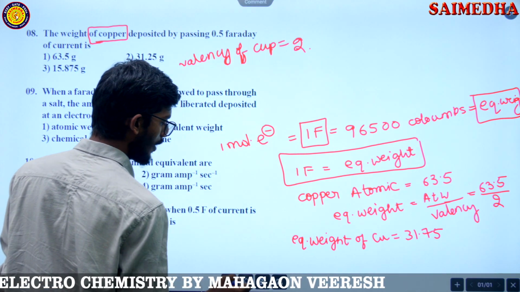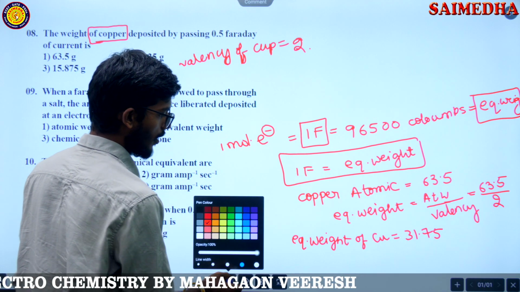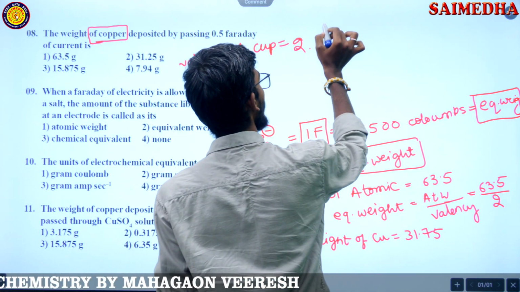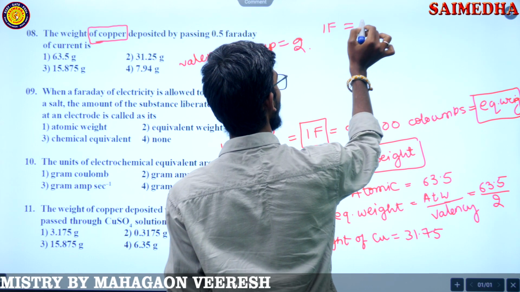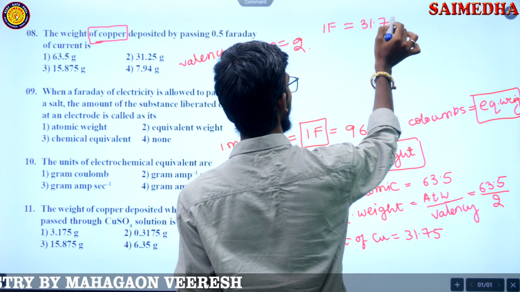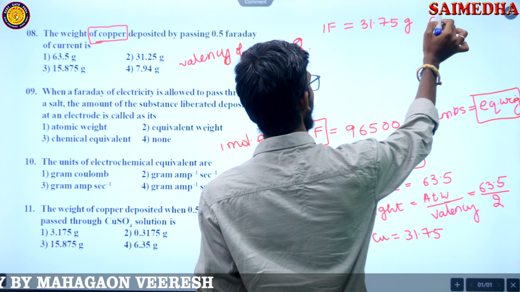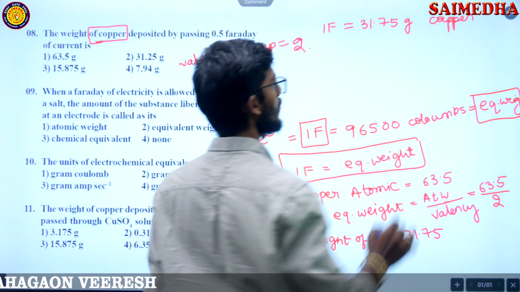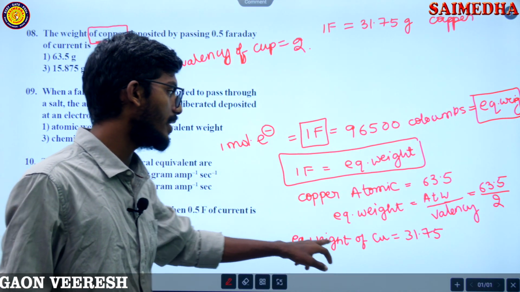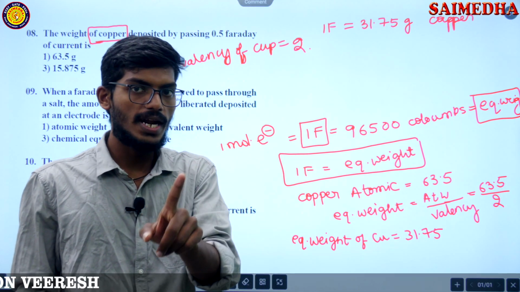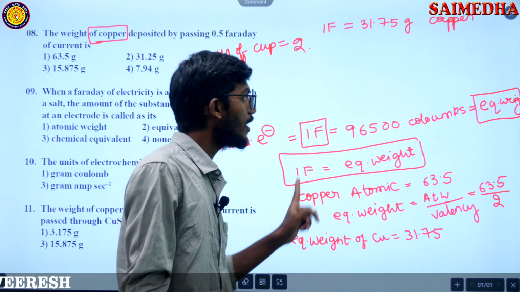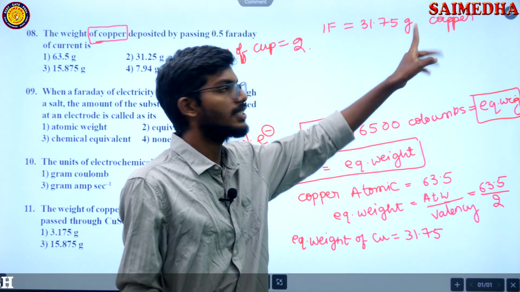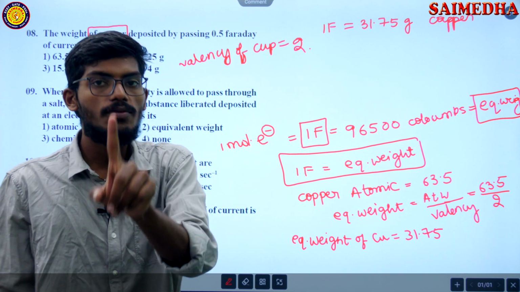Now, equivalent weight of copper is 31.75. So 1 Faraday will give you 31.75 grams of copper, isn't it? Because 1 Faraday will give you equivalent weight always. So 1 Faraday of current will give you 31.75, because 31.75 is the equivalent weight of copper.